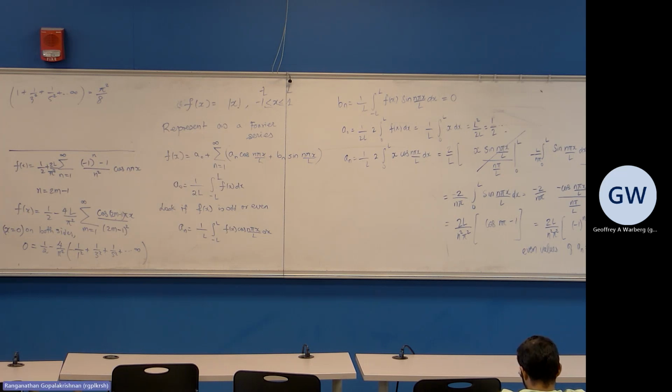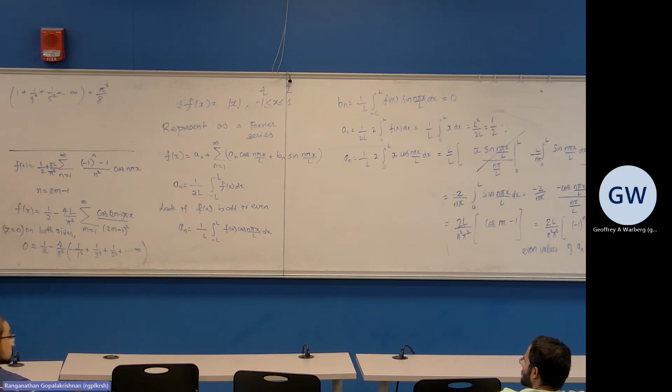What does pi squared over 8 represent in the function? I'm not sure about that, but what I know is that if you can evaluate the function and also its Fourier representation, it can be used to evaluate certain special series.